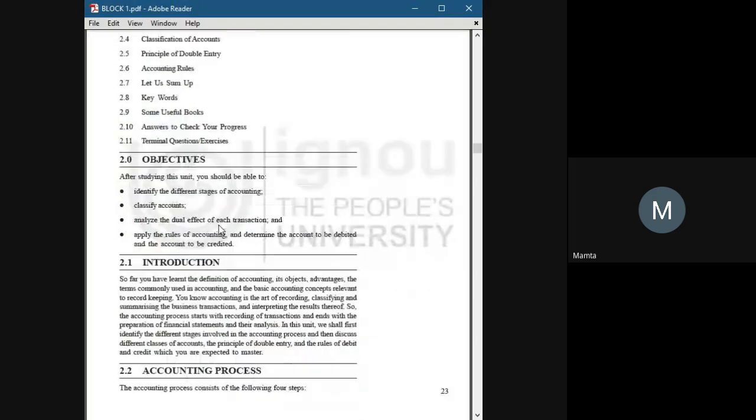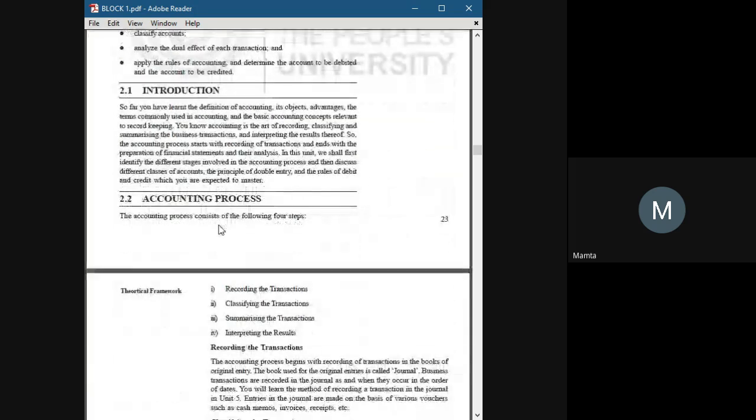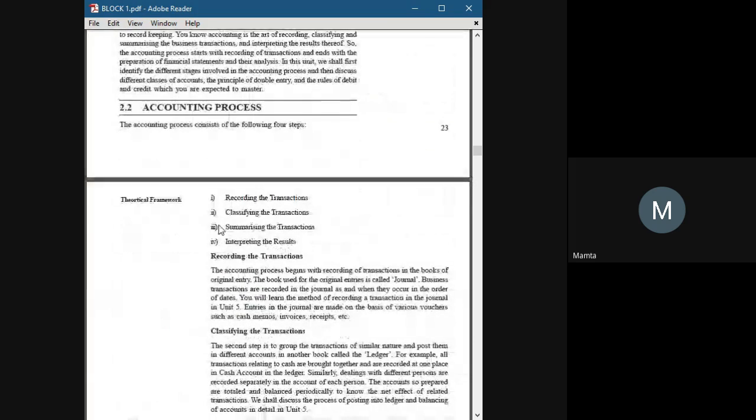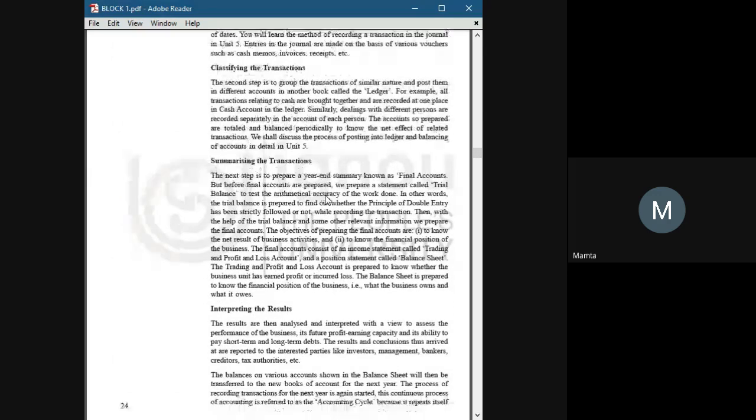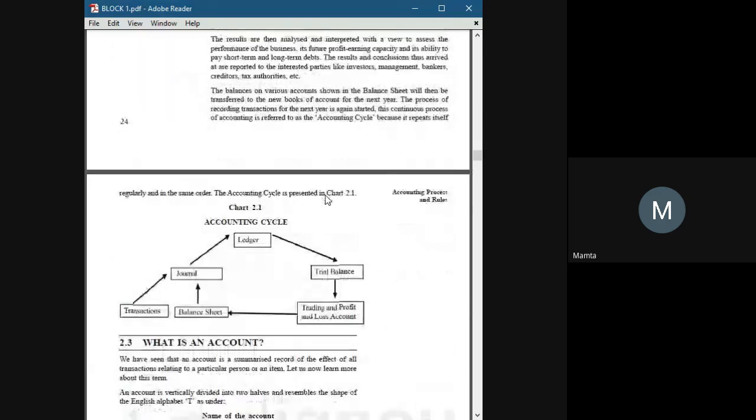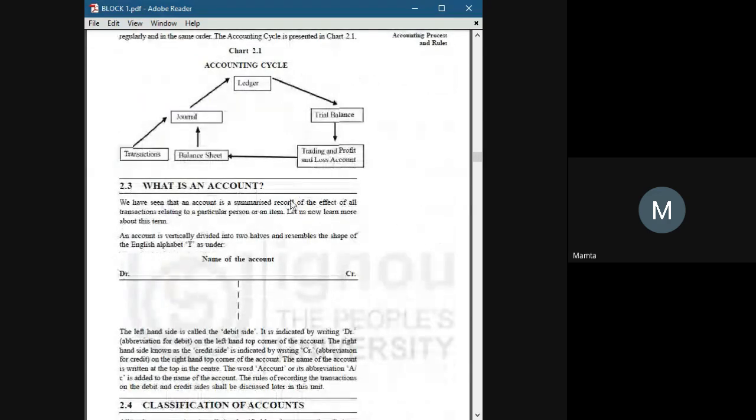Accounting process. We just discussed it: recording, classifying, summarizing, and interpreting. It's just one thing coming again and again. So, I'm telling you about the accounting cycle.